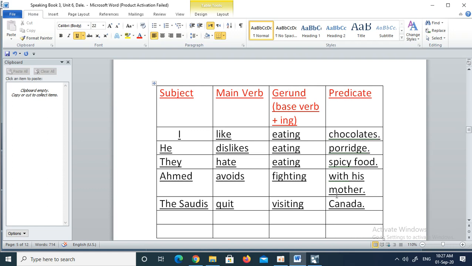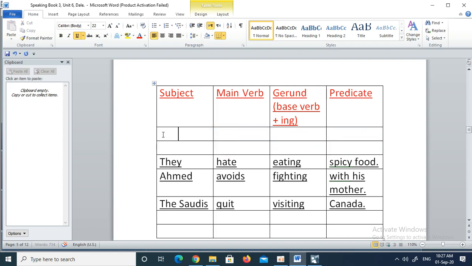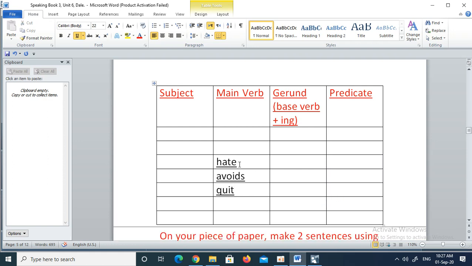Okay. What I want you all to do now is make me, on your paper, 3 sentences using this pattern. I want you to use the main verb hate in 1 sentence, the main verb avoids in 1 sentence, and the main verb quit in 1 sentence.